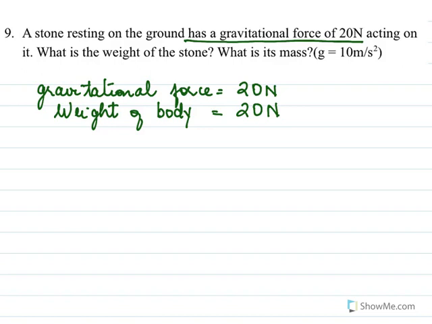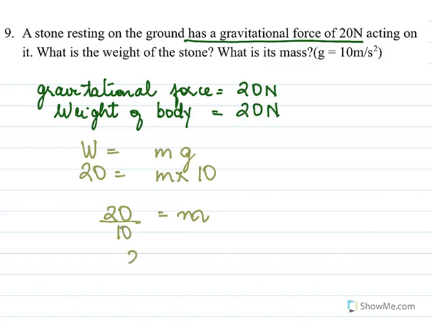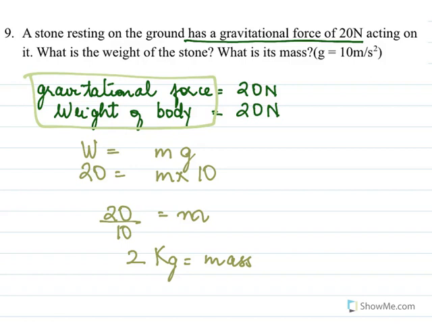Now we know the formula for weight. Weight is m into g. Now we know the W is 20, so we have 20 equal to mass into g, and the G is given as 10. So the mass will be 20 over 10, that is 2 kgs. This is important to remember, that gravitational force is equal to weight of the object.